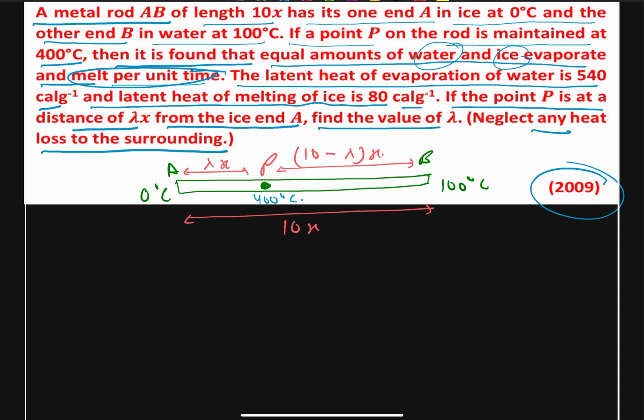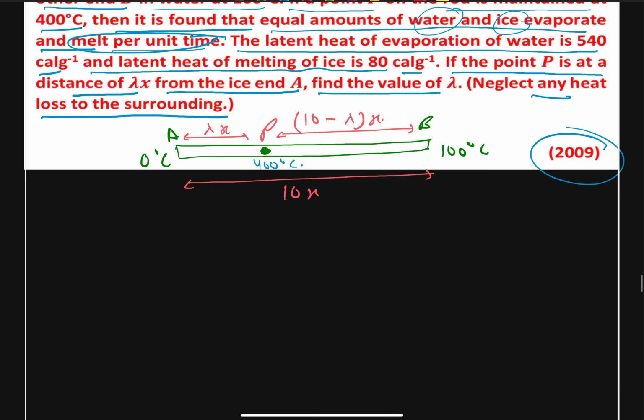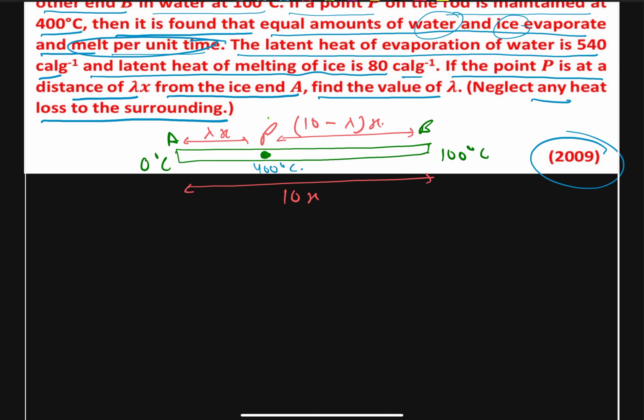We can say that P is at a higher temperature than A, so heat is going to flow from P to A. Okay. So heat flows from P to A. Okay. And because of this heat flow, ice melts.